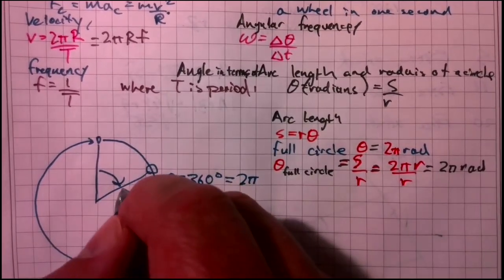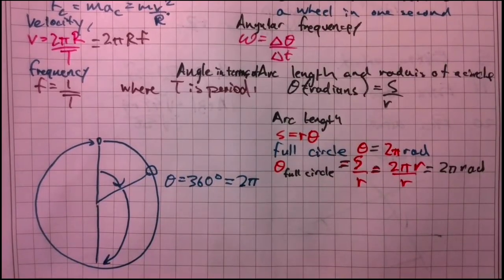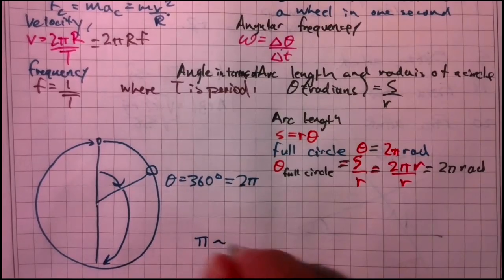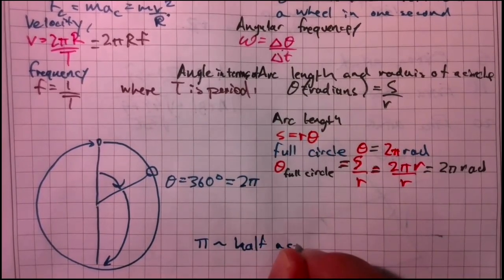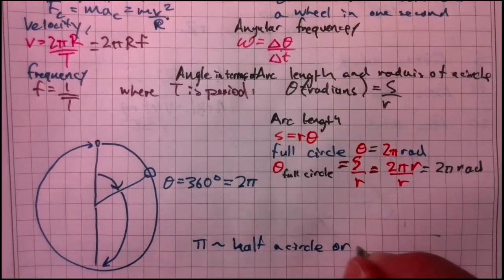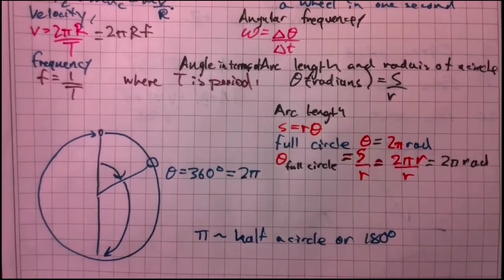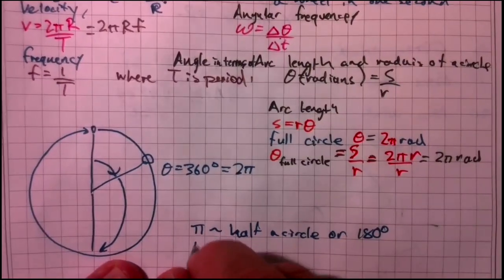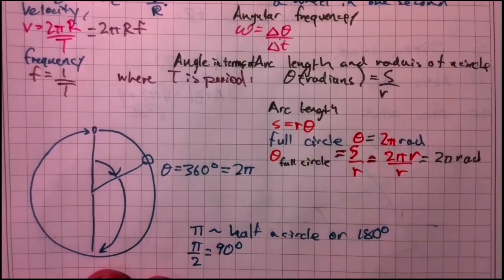Okay. If you go halfway around a circle, so this would be half of a circle, that would be pi radians, or 180 degrees. So those are the same ways of measuring. Other measurements, so pi over 2, that's going to equal 90 degrees.